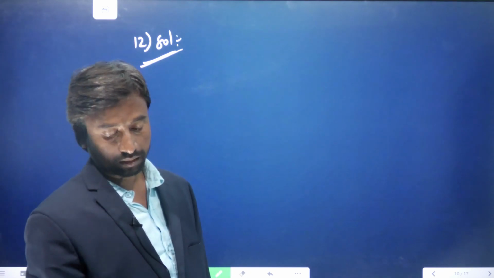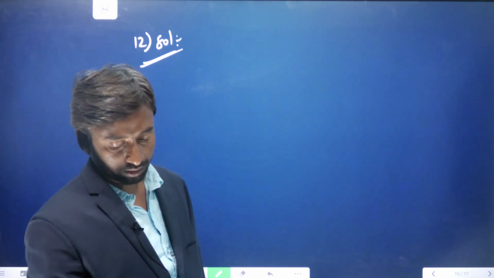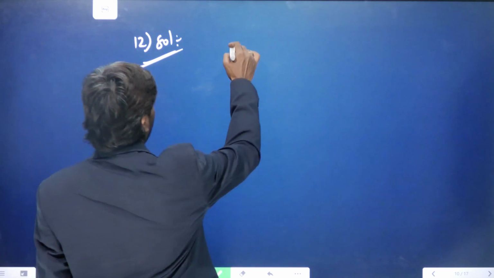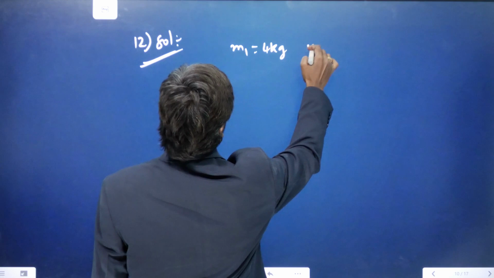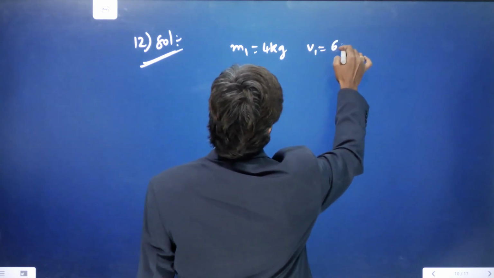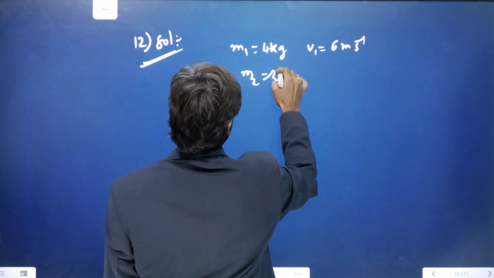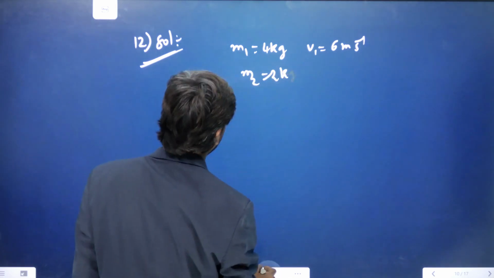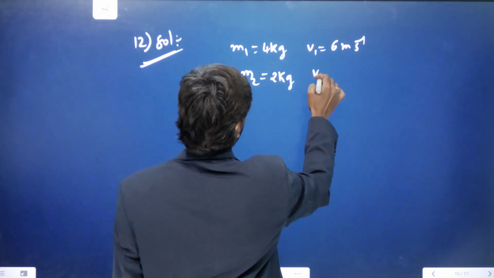If it is at rest, u is equal to 0, so velocity will become 0. The first body has mass 4 kg, so here we can write m1 is equal to 4 kg and v1 is equal to 6 meter per second, and m2 is a 2 kg mass, at rest there.